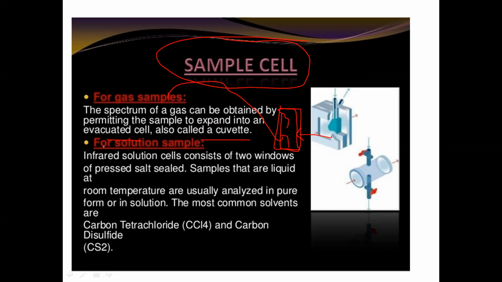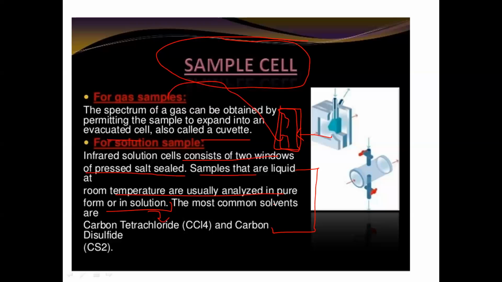For solution samples, an infrared solution cell consists of two windows of pressed salt. Samples that are liquid at room temperature are usually analyzed in pure form or in solution form. So either you can put the pure form of the sample, or you can form a solution, and for making the solution you will use carbon tetrachloride or CS2, carbon disulfide.